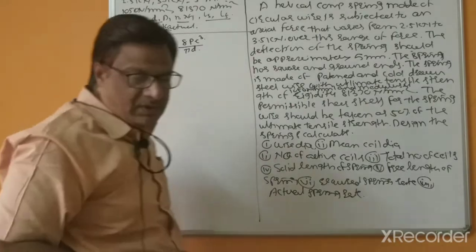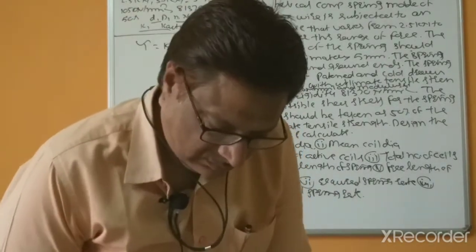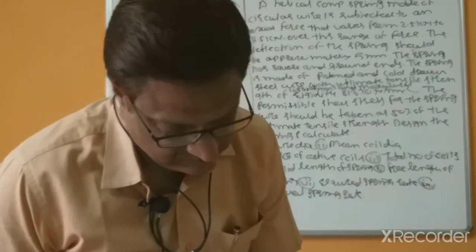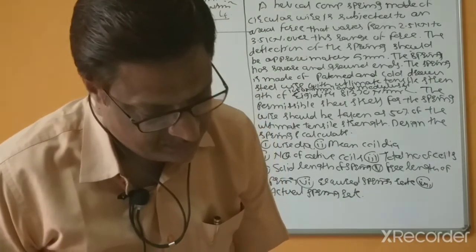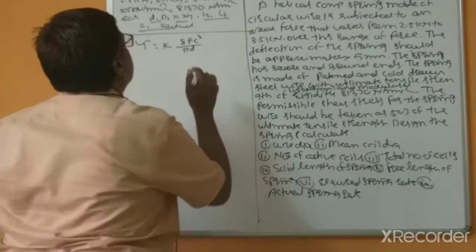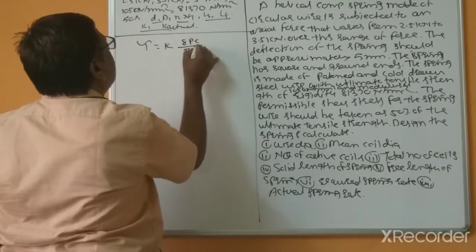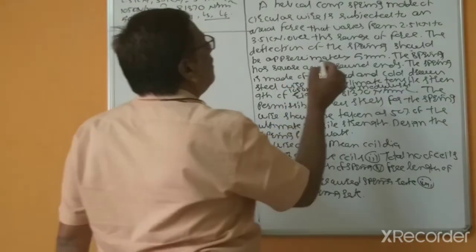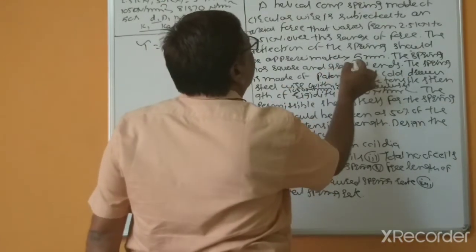I will check this formula. Tau equal to K into 8PC by pi d squares. Spring index given 5.